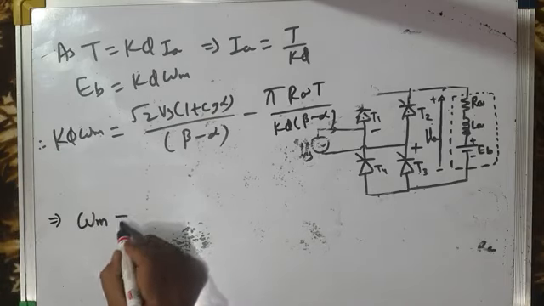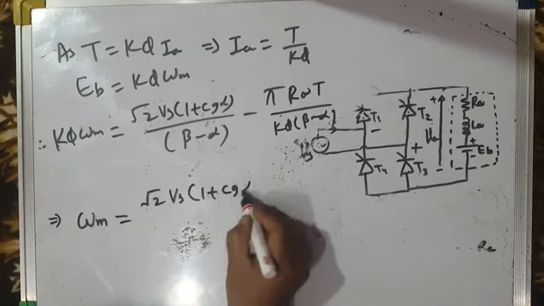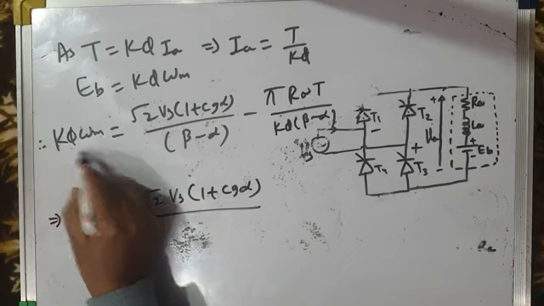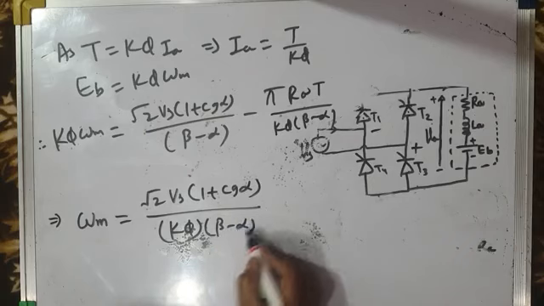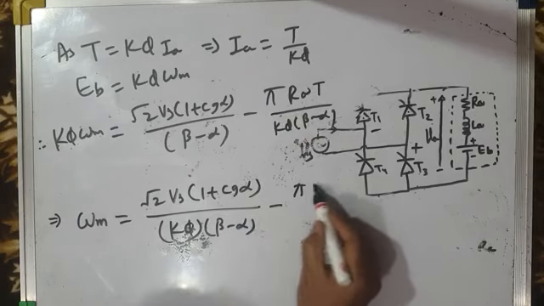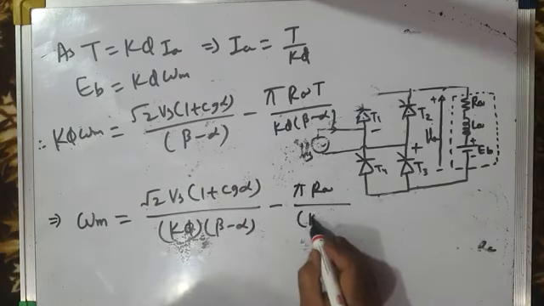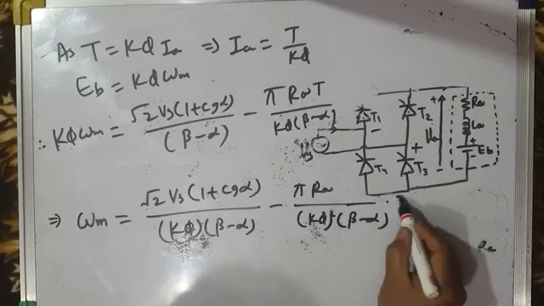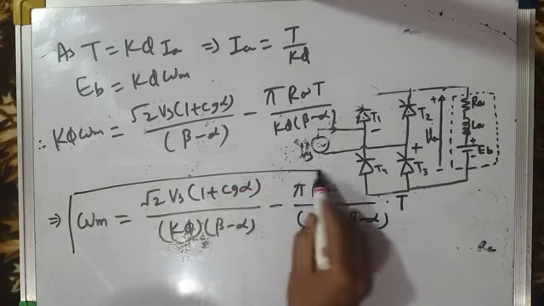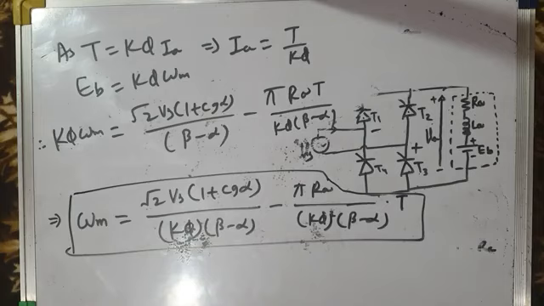Speed of the motor omega m is equal to root 2 Vs times (1 plus cos alpha) divided by K phi times (beta minus alpha), minus pi Ra by K phi whole square into (beta minus alpha) multiplied by torque T. So this is the final mathematical expression for speed of the motor in terms of torque with freewheeling action.